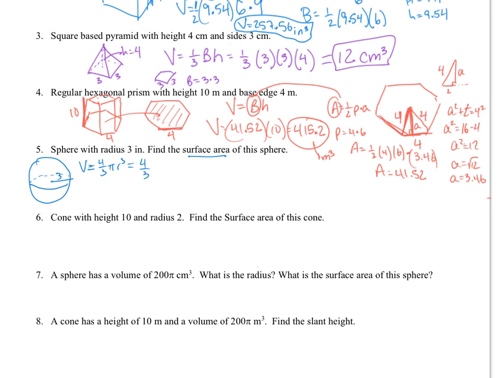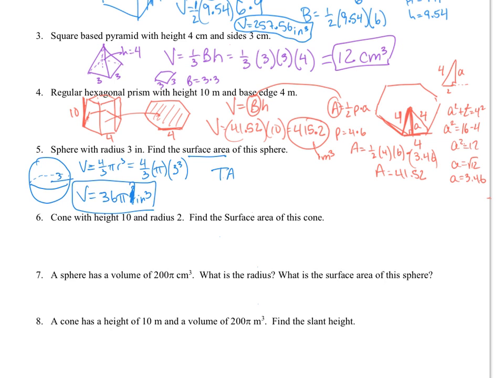That's 4/3 times pi times the radius, which in this case was 3, cubed. So 3 cubed is 27, divide that by 3 is 9, times 4 is 36 pi. And that's cubic inches.